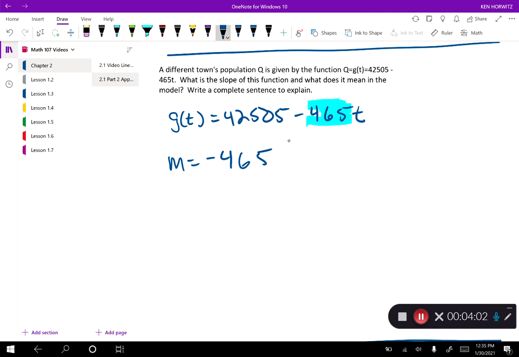And they say, write a sentence to explain what the negative 465 means. So this is something that I do from time to time, is I will make you write a sentence to explain what the math means.